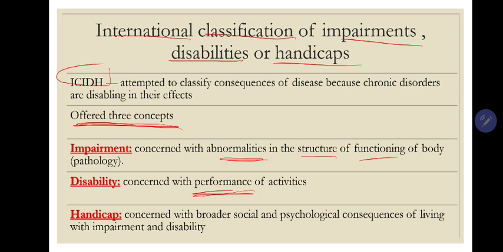Disability is concerned with the performance of activities. While handicap is concerned with the broader social and psychological consequences of living with impairment and disability. And thank you very much.